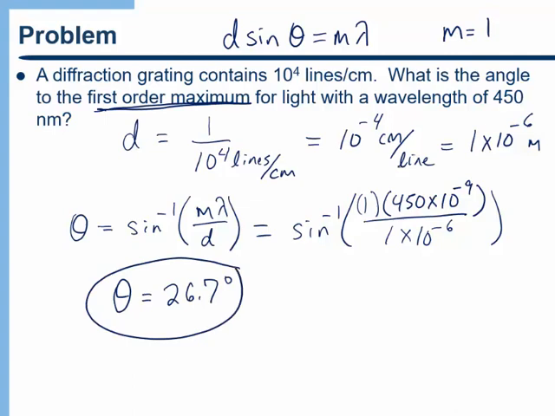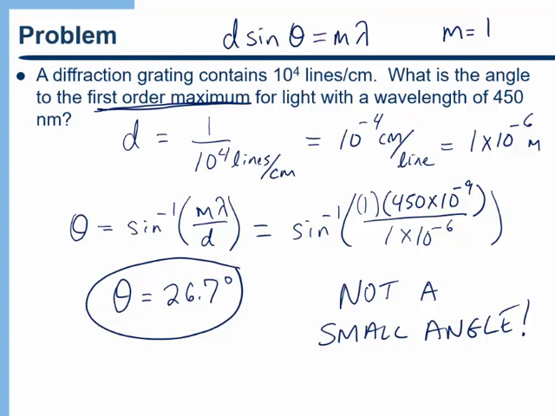Now, there are a couple of important things to say about that. First of all, notice it's not a small angle. And that's because we don't want it to be a small angle. If we're trying to measure different wavelengths, we want those wavelengths spread out as much as possible.